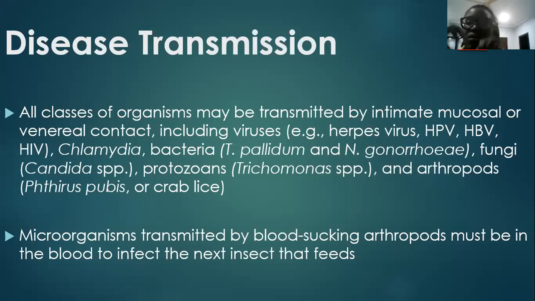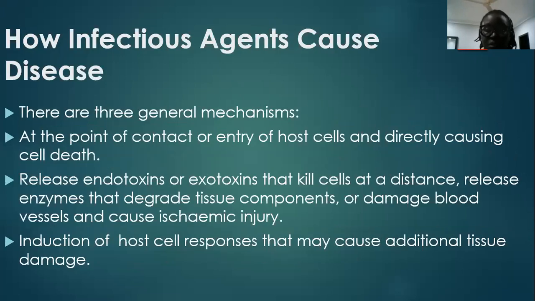These organisms will take up a blood meal and then release the infectious agents in the process. And then they can cause an infection to be transmitted between humans by attacking several hosts and transmitting the infection across the hosts.